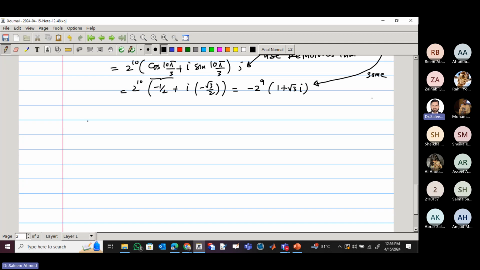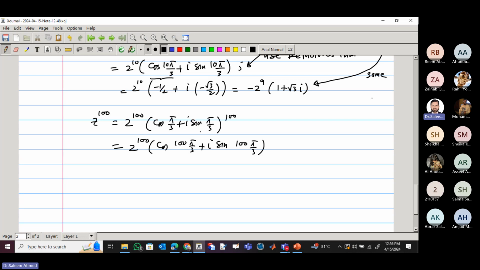Even if they ask me z to the power 100, I will take 2 to the power 100 cos pi by 3 plus iota sine pi by 3, to the power 100. So 100 will come down. 2 to the power 100, it will become cos 100 pi by 3 plus iota sine 100 pi by 3, because this power comes with the angle. So sine 100 pi by 3 gives me minus square root of 3 by 2, still minus square root of 3 by 2.